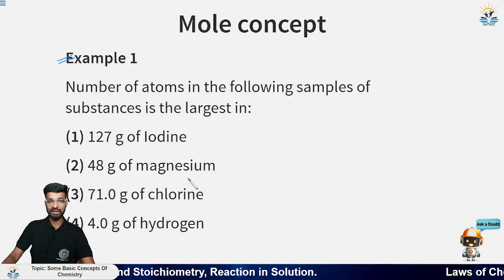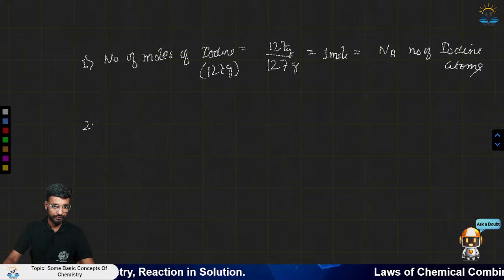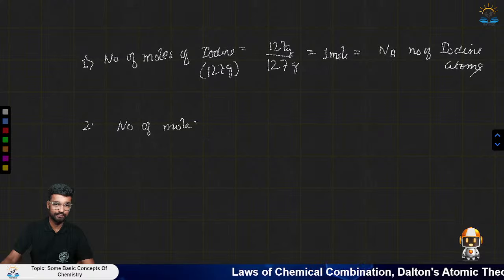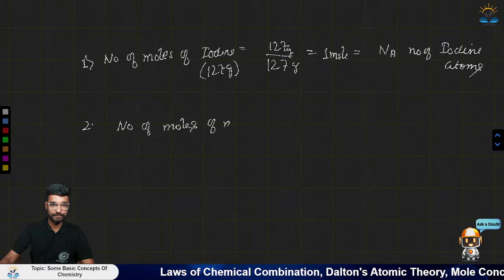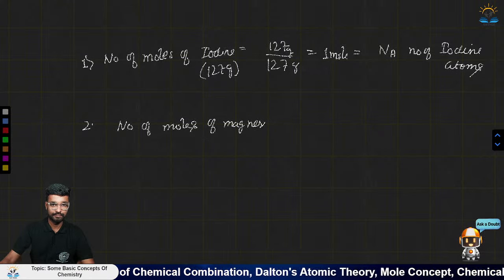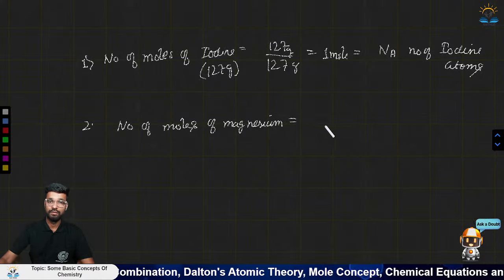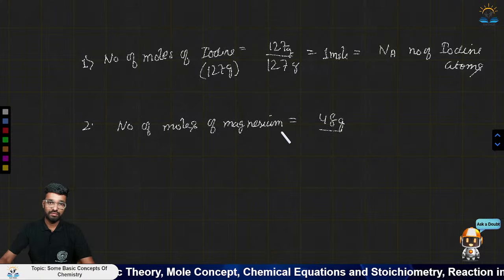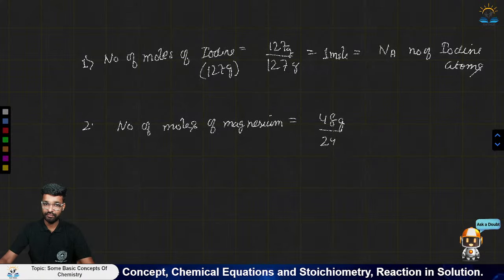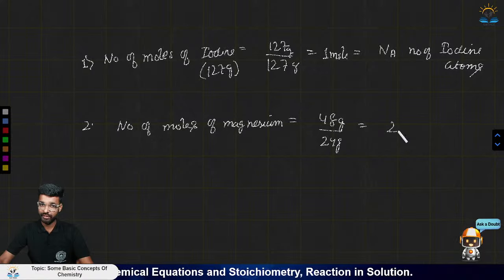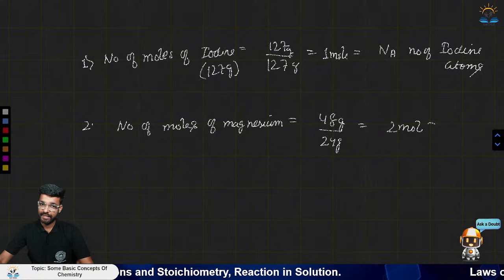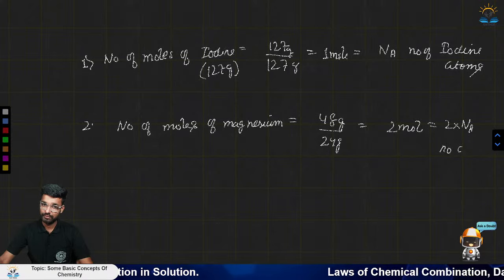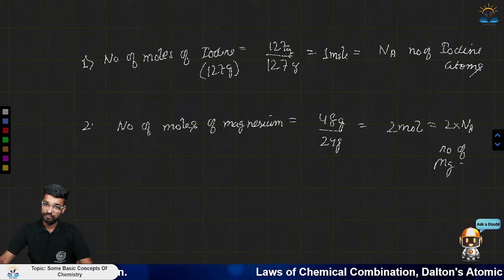Next we have 48 gram of magnesium. The number of moles of magnesium will be 48 gram divided by the atomic mass of magnesium, which is 24. So it will be 2 moles, that is 2 into Na number of magnesium atoms.